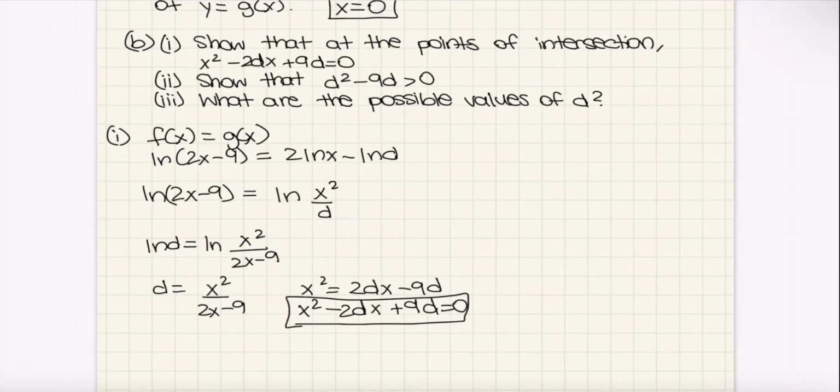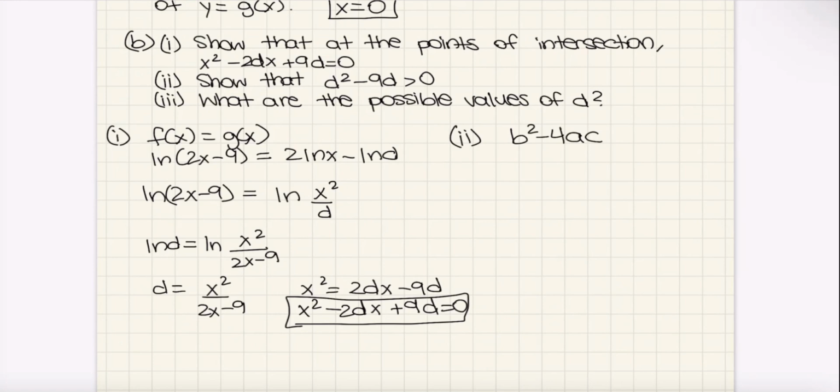Part II says to show that d squared minus 9d is greater than 0. So for this part, we're going to treat this as a quadratic, which it is, and find the discriminant here. To find the discriminant, we use b squared minus 4ac.